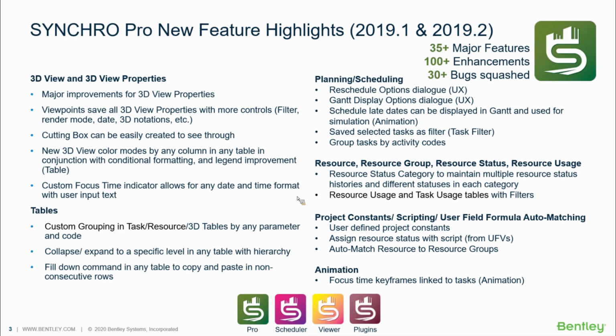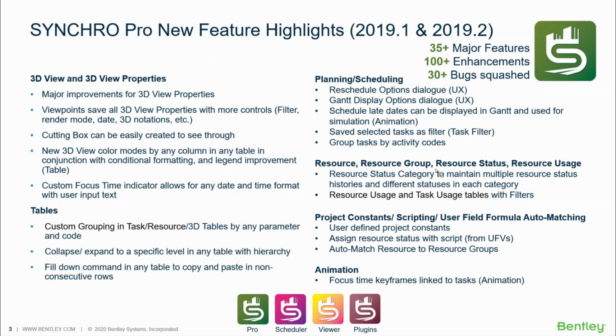So this should give you a good understanding of the major improvements. Of course, this doesn't look like 35 major features right here, but I did my math, if I did it correctly: we have included 35 major features, more than 100 enhancements, and 30 bugs squashed.